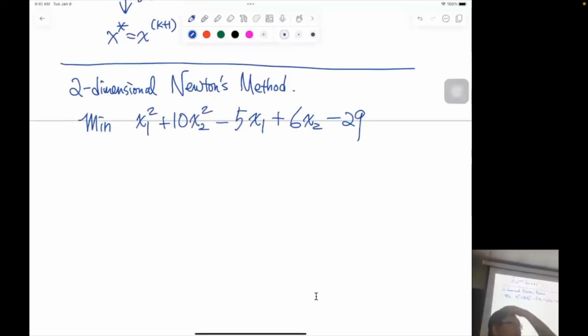Okay. Of course, if you had the earlier experience, you know the answer is 5 over 2 and negative 0.3. You can observe it because it's a polynomial. But let's not do this. Let's just trust Newton. So let's have an initial guess.